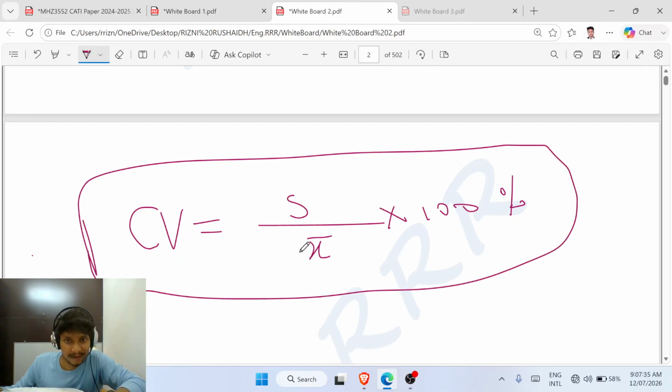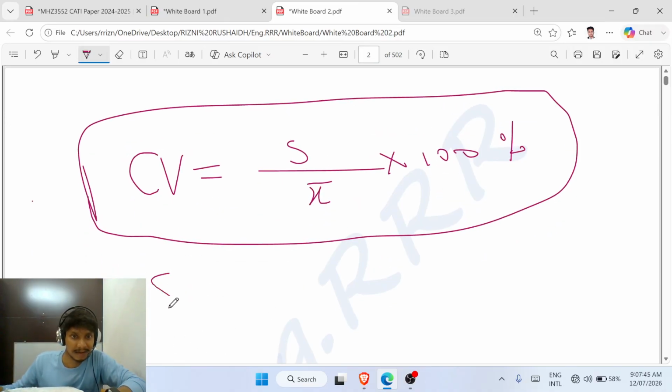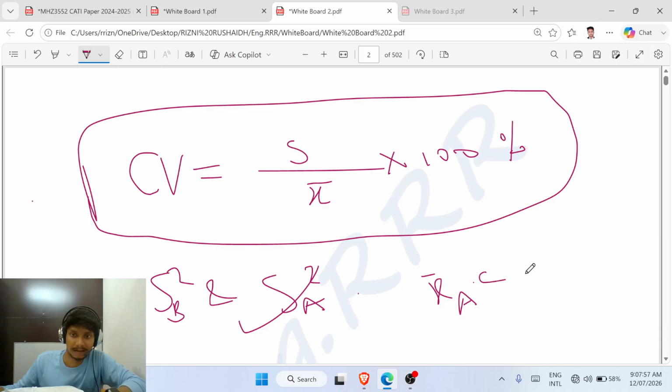Here we already know X̄A and X̄B, and we also know S_A squared and S_B squared.